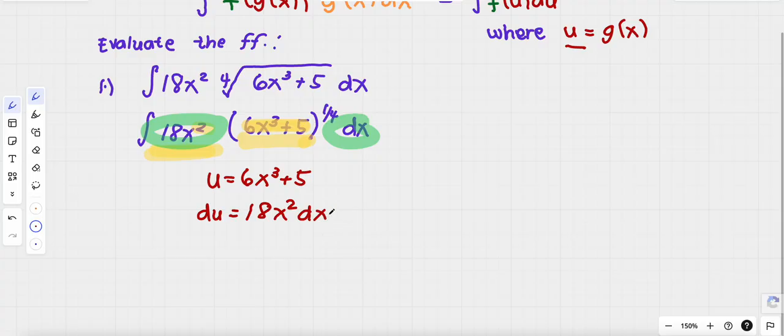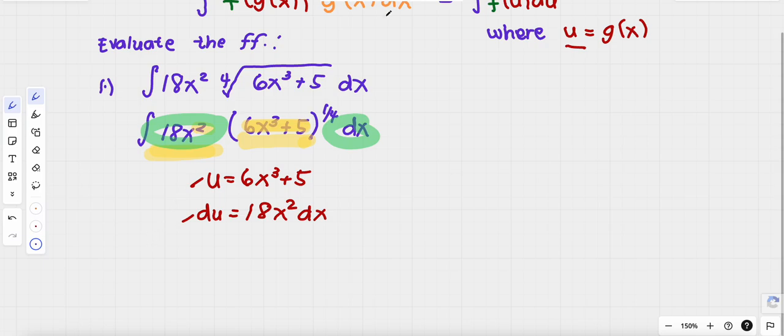Later on we'll have an example wherein we have to add a neutralizing factor. Let's continue. Since we already have our u, we already have our du, so let's rewrite the original integral.